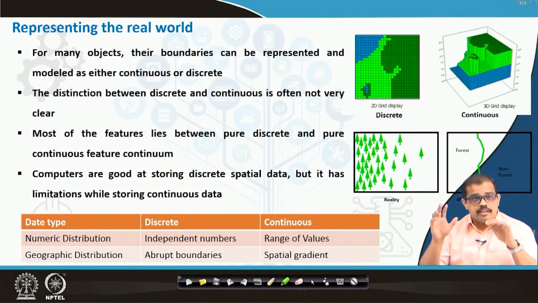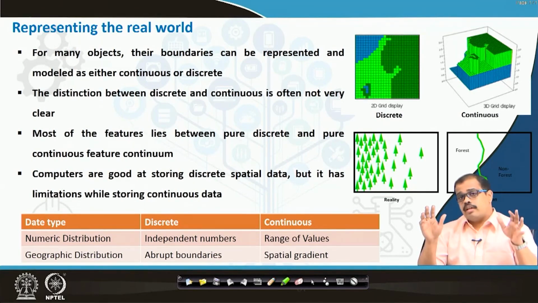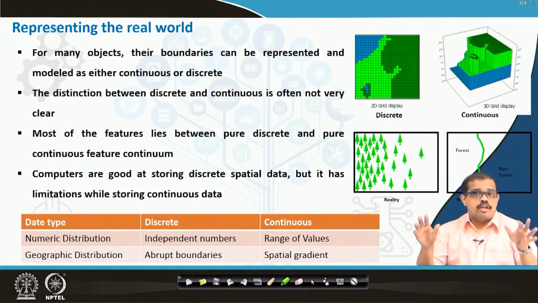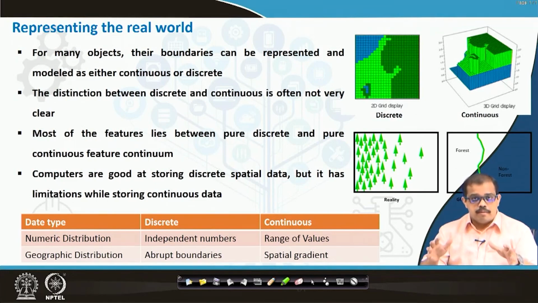When you are looking at spatial data, storing it in your computer in the form of discrete data is much easier. But with continuous data, your computer has certain limitations, which we will also see. So computers have a lot of limitations in handling and storing continuous data.